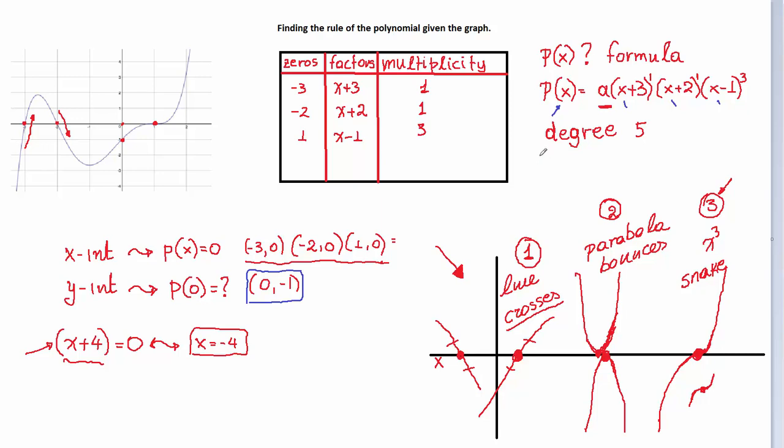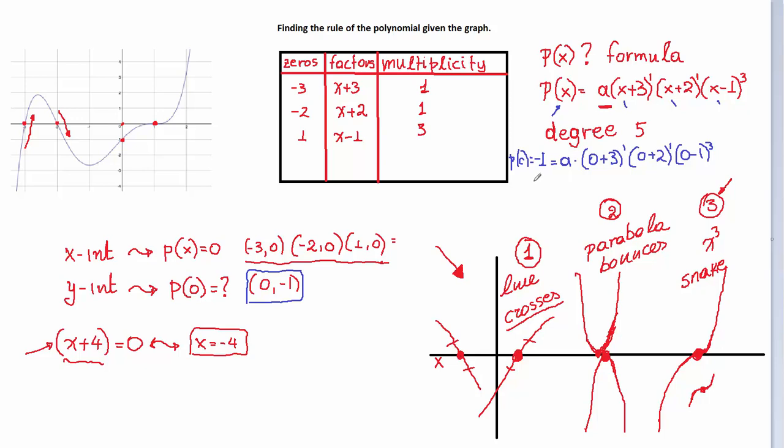Since the x for the y-intercept is 0, and the y-coordinate of the y-intercept is negative 1, this means that we have negative 1 equals a times (0 plus 3) to the first, (0 plus 2) to the first, and (0 minus 1) to the third.